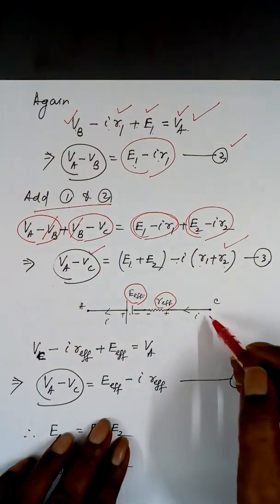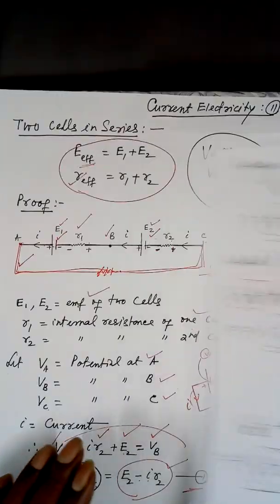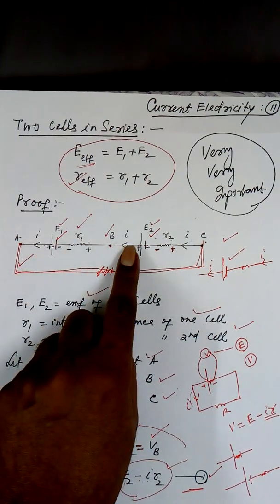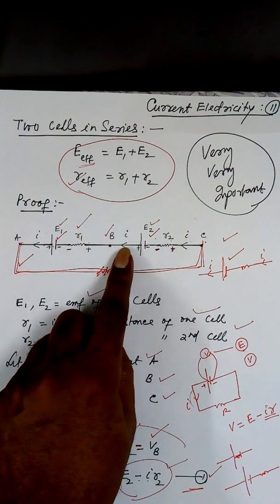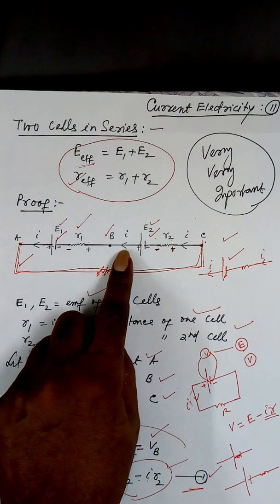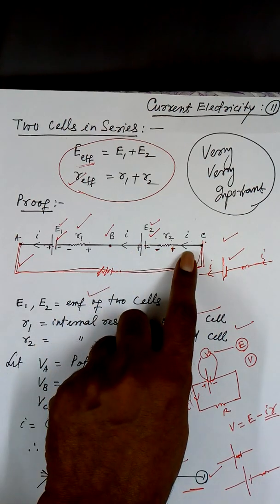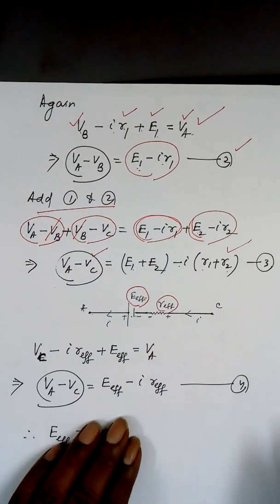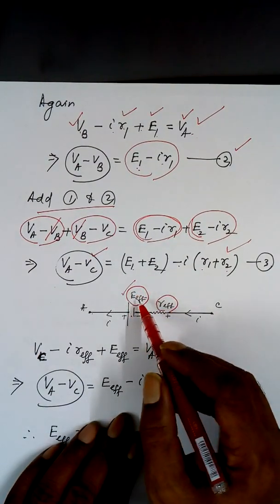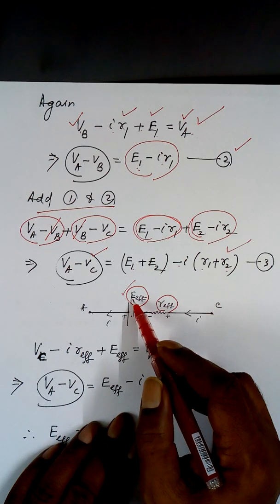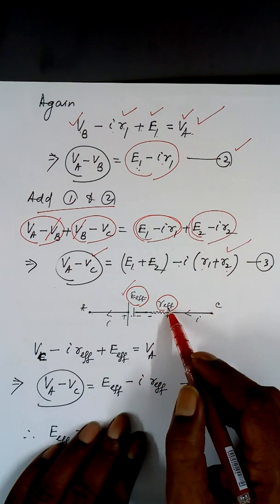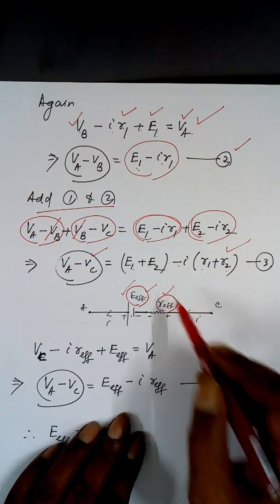Now, between the same points C and A, which single cell should you consider, and of what EMF and what internal resistance, that will give you the same current. This is that cell having effective EMF E effective and internal resistance R effective. Let us find out these two.